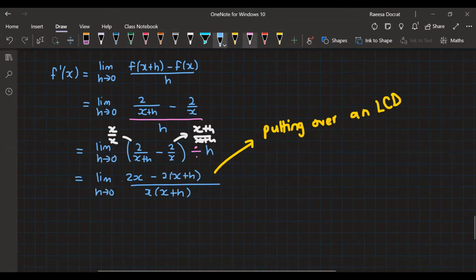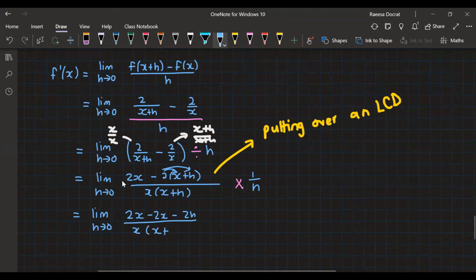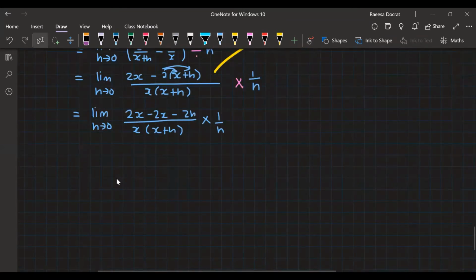Then the division, I'm going to change to times, and I'm going to flip it over, so 1 over h. That you've probably learned in grade 6. So this here is the limit as h tends to 0 of 2x minus 2x minus 2h, and I get that by distributing the 2, all over x times x plus h, times 1 over h. Let us continue.